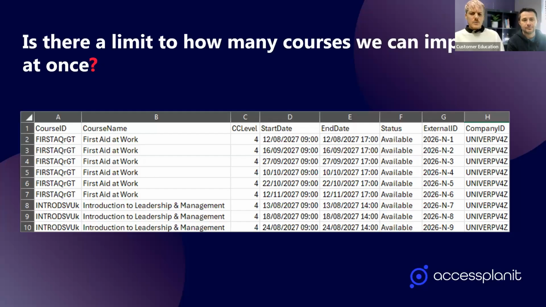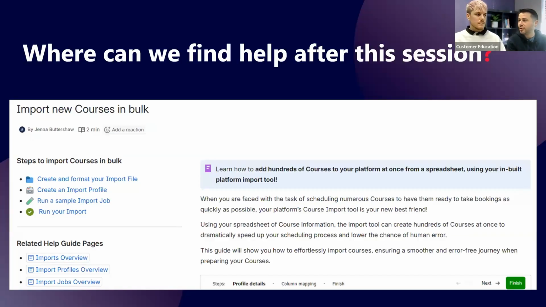The reason we don't recommend it is that if you do have a lot of errors in that import file, it takes quite a while to process and highlight those errors, and it can slow the platform down a little bit. It also means that exporting your error file gets messy, because you've got a load of errors to fix. So try and keep your import files small and do them in batches where possible. Do less, but do it more often.